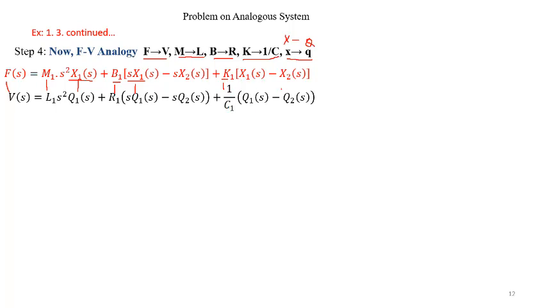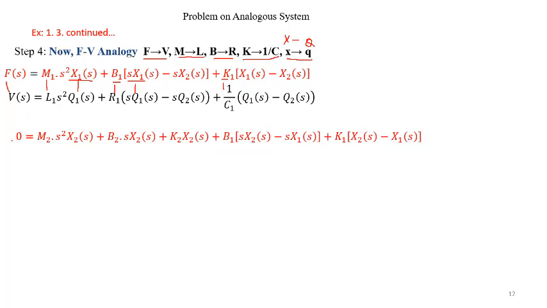So x1 of s and x2 of s are replaced by q1 of s and minus q2 of s. This is for equation number 3, so we get equation 3a. Next, for equation number 4, we have to do the same thing here also.